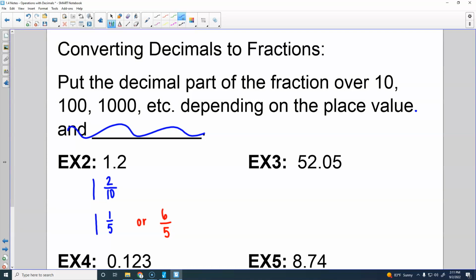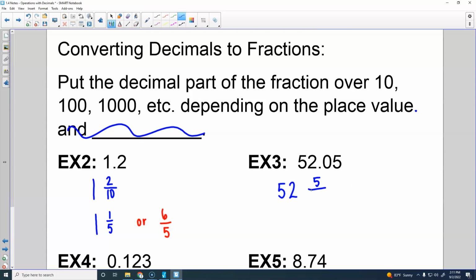Okay. So if we look at example 3, whole number is 52. And I've got 0.05. What would I put that over? I could write 05 like that if I want. Does that look like I know what I'm doing? It does not. Do I need that 0 in front? No, let's get rid of that so we look a little smarter.